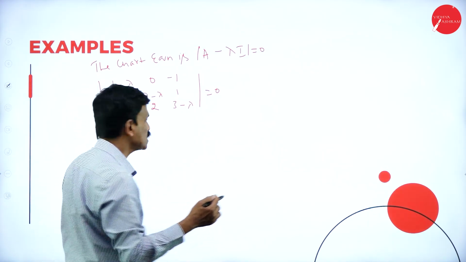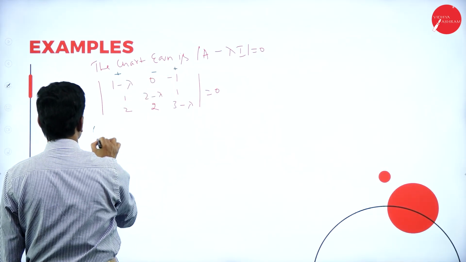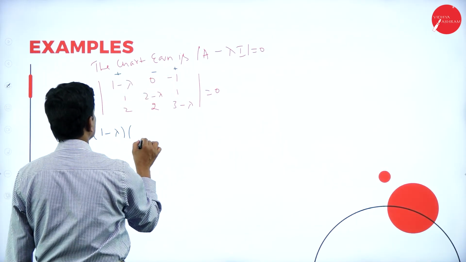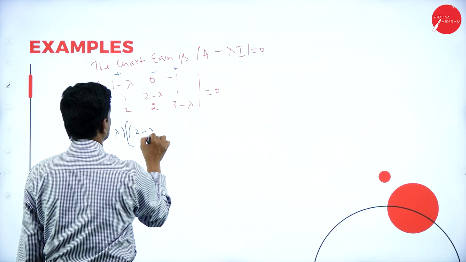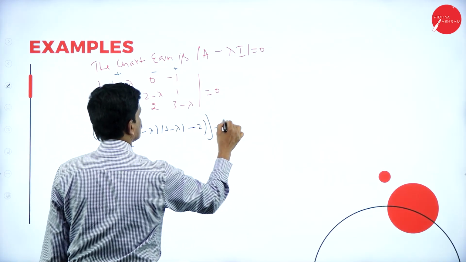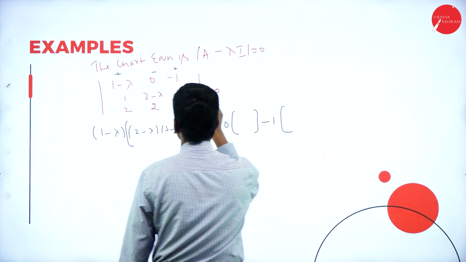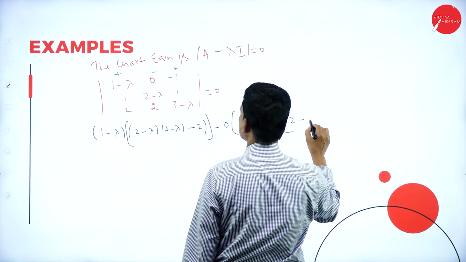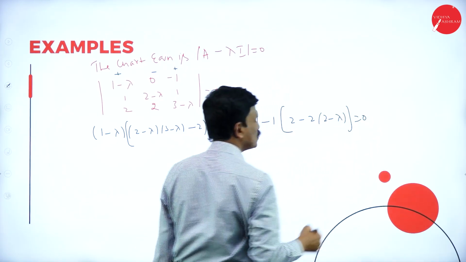Now simplify this, expand with respect to the first row. This is plus, minus and plus. 1 minus lambda into, this is gone, what we will get? 2 minus lambda into 3 minus lambda minus 2. Minus 0 into the number is 0. Minus 1 into, this is gone, 1 into 2 is 2 minus 2 into 2 minus lambda is equal to 0.